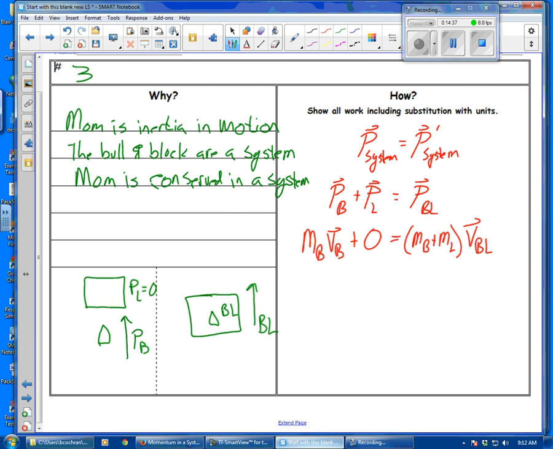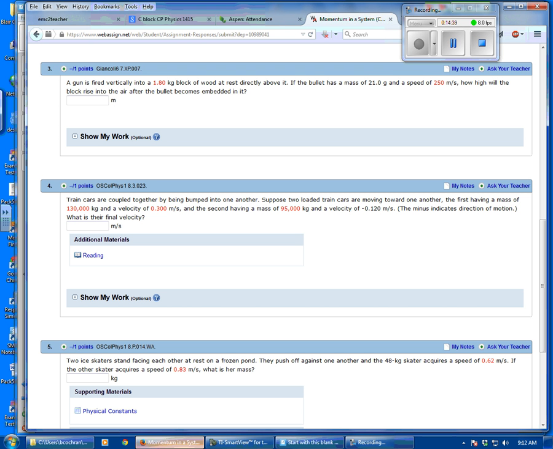Let's see. Do I know the inertia of the bullet? I do. It's 0.021 kilograms. Oh, I got to make sure I convert things into kilograms, right? Like in the labs you guys did yesterday. Do I know the velocity? Yes. 250 meters per second.